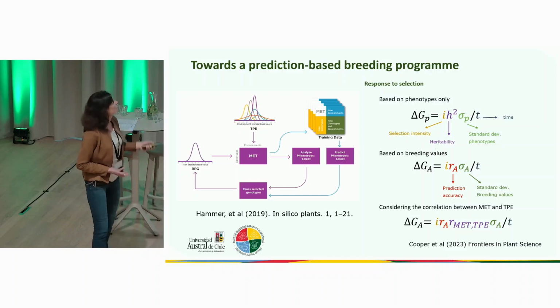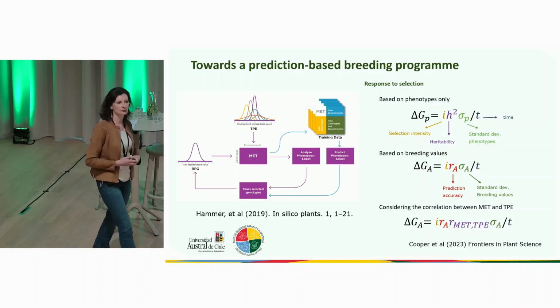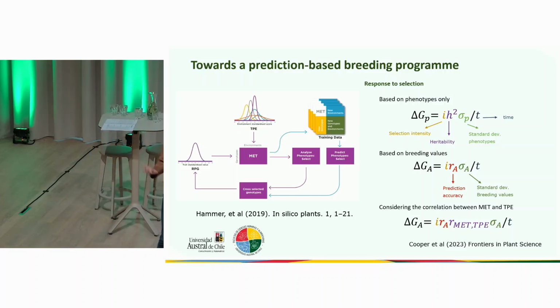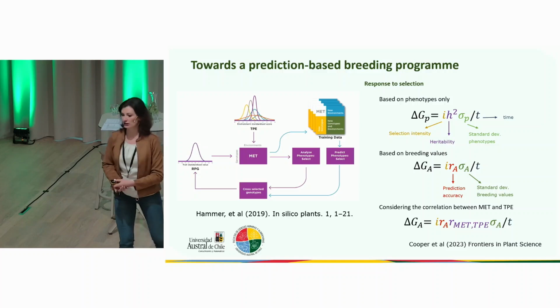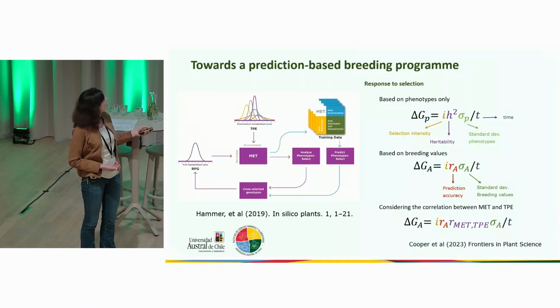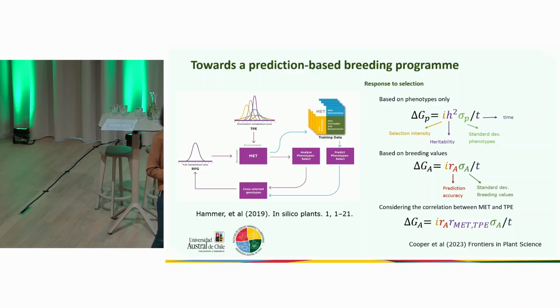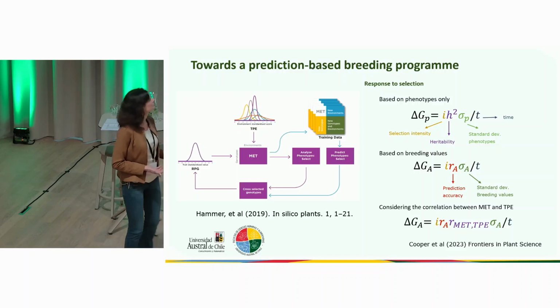I will not go into details again because this was discussed this morning, but basically what we try to do is find out how we can increase our genetic gain, introducing predictions and also, as I will try to do in this talk, introducing new phenotypic methods.